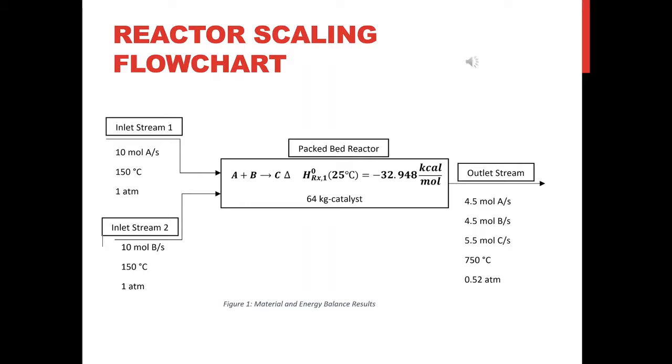Initially, we consider an equal molar feed of carbon monoxide and methanol at 1 atm and 150 degrees Celsius with a pressure drop parameter alpha equal to 0.008 liters per kilogram. The optimum conversion for these operating conditions is 55% and results in an acetic acid production rate of 1,189 kilograms per hour, which is equivalent to 5.5 moles per second and requires 64 kilograms of catalyst to achieve.